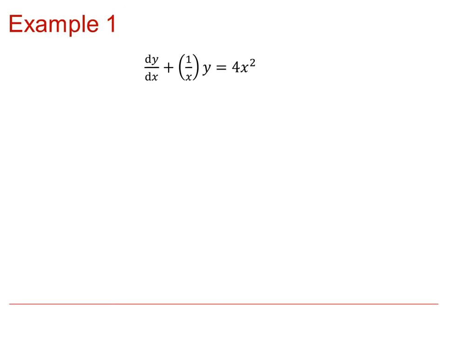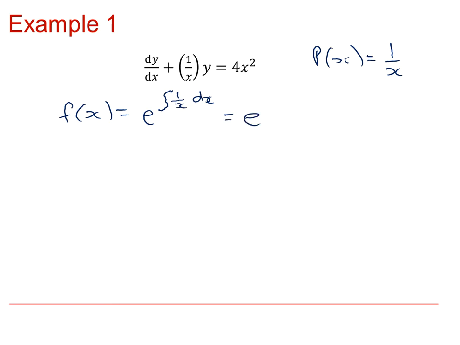If we look at this example, we can identify that the function p of x equals 1 over x. Then, looking for our integrating factor, f of x will equal the exponential of the integral 1 over x dx, or the exponential of the natural log of x, which is simply x.